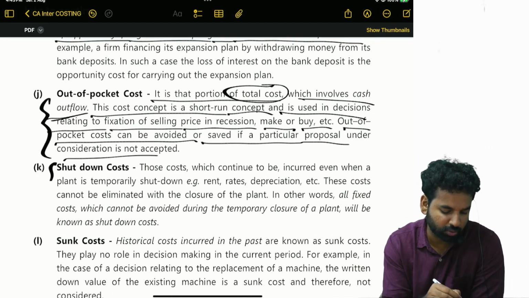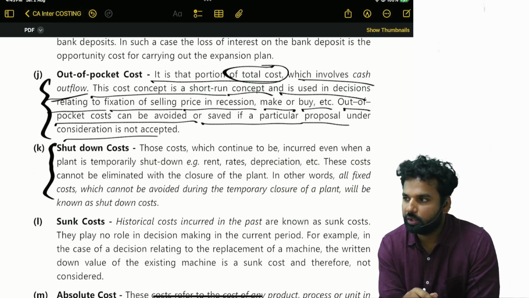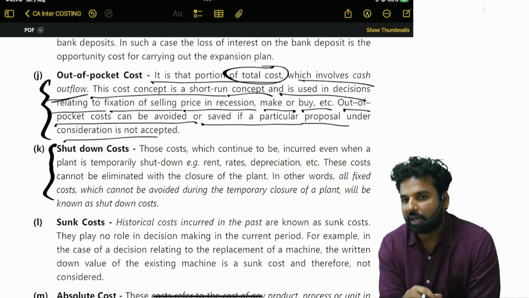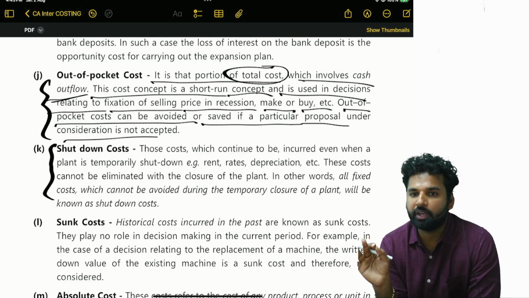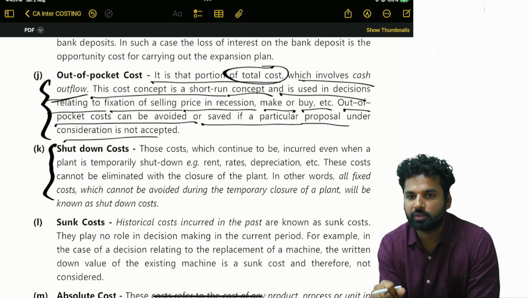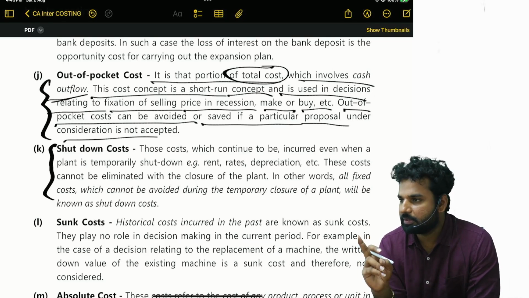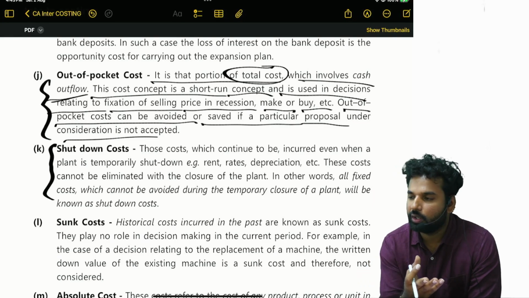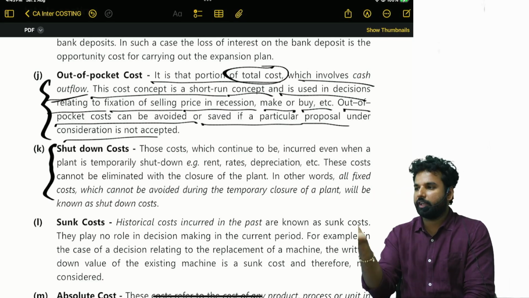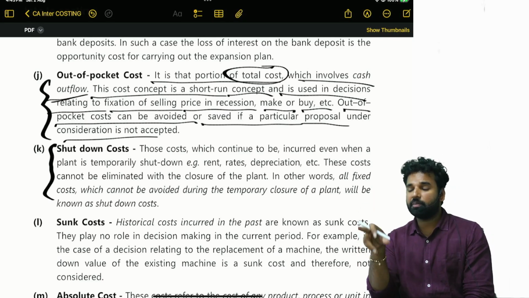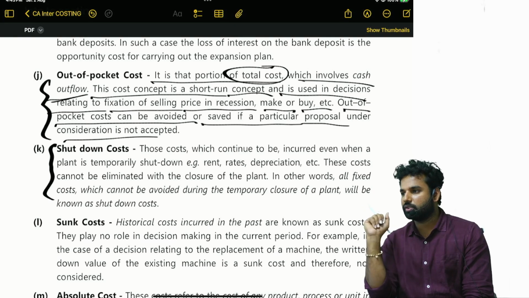Next is shutdown cost. Shutdown cost means what? Even though the plant or the factory or the business is shut down for a temporary period of time, there shall be some fixed cost. Let's say in the corona lockdown period, some industries were shut down. There was no activity, but still there were some costs incurred.